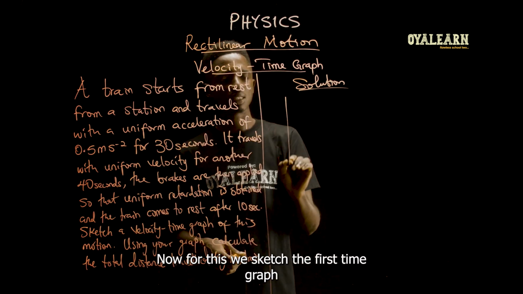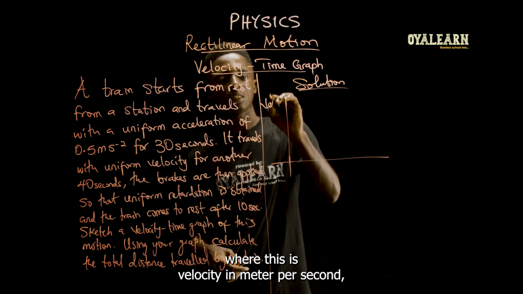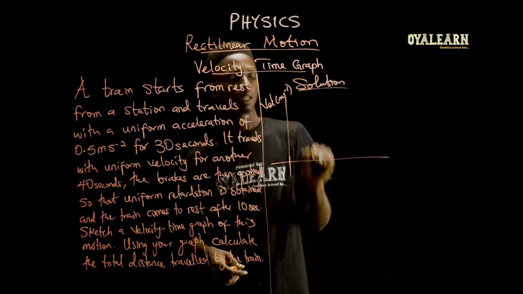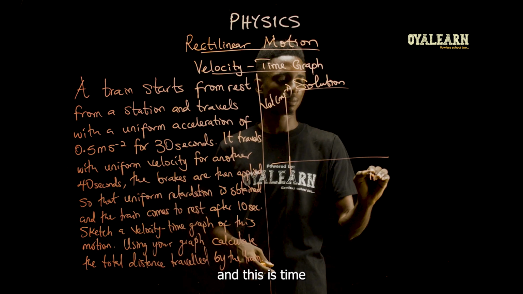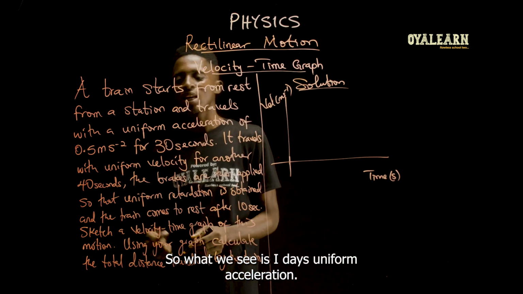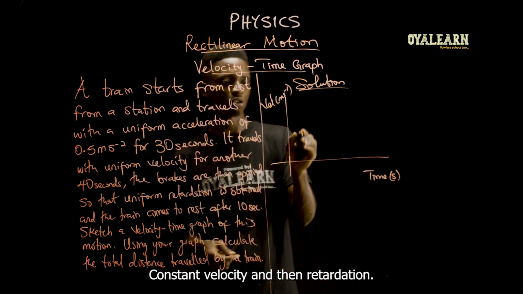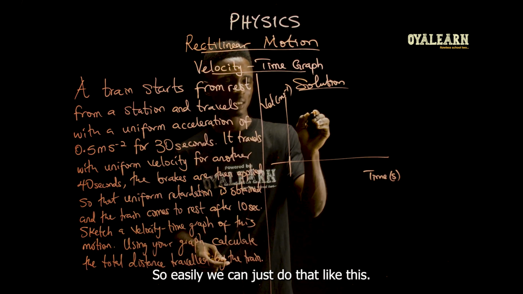Now for this, we sketch the velocity time graph where this is velocity in meter per second and this is time in seconds. So what we see here is that there is uniform acceleration, constant velocity, and then retardation. So easily we can just do that like this.